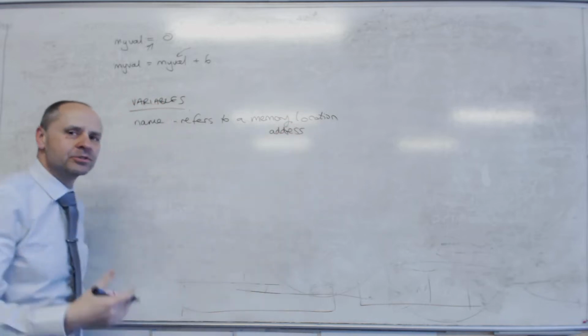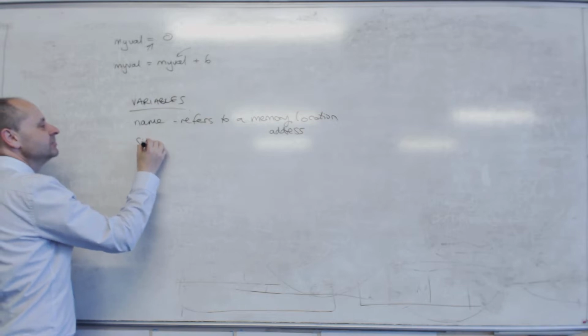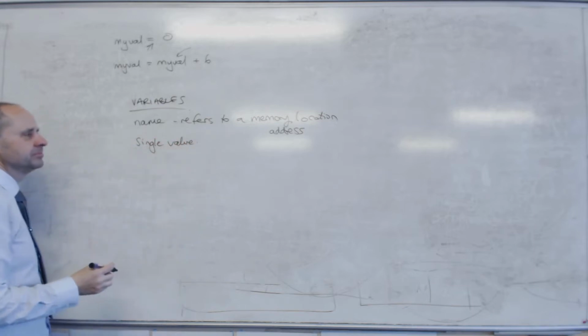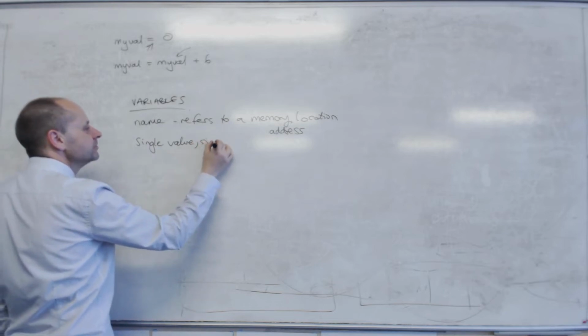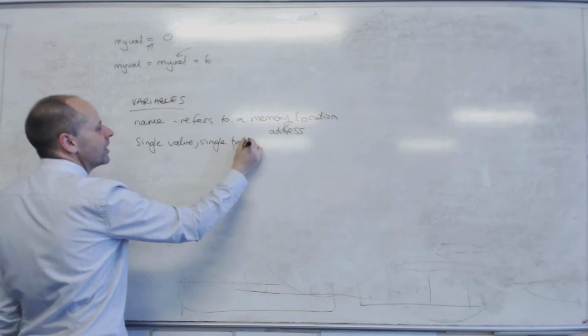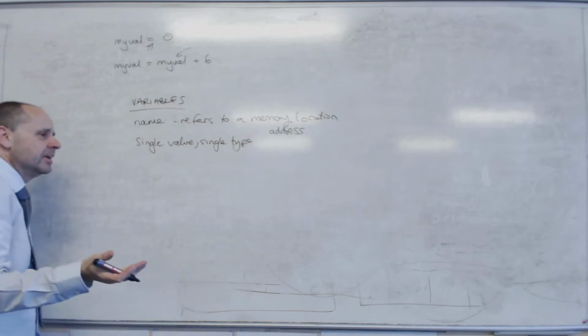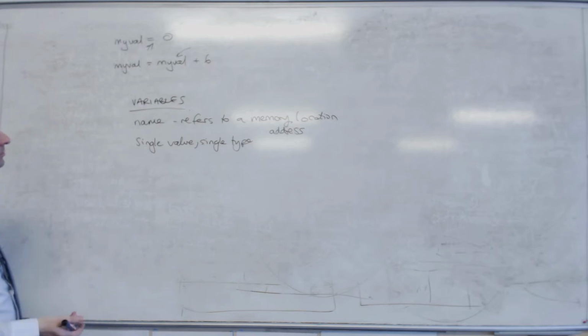If we're talking about CPUs, we're talking about memory addresses. Represents a single value of a single type of data. So that would be like an integer, character, string, boolean, okay, float.